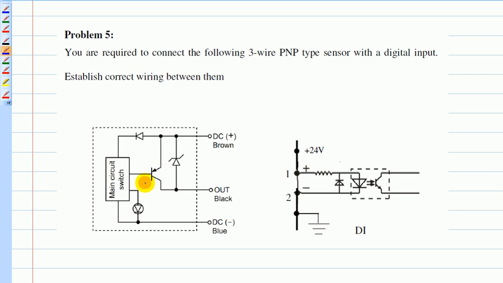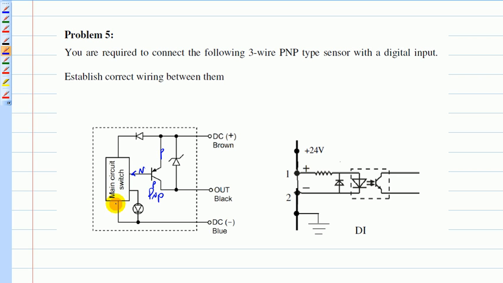Sourcing is, you look at this transistor here, that's a PNP. So this is the P junction here, and N and P junction like this. When you have a small current flowing this way, it'll turn on this transistor. And how do you get a small current here? You have a switch here.